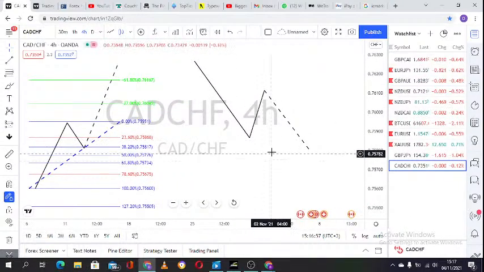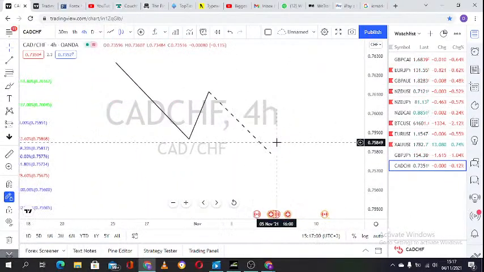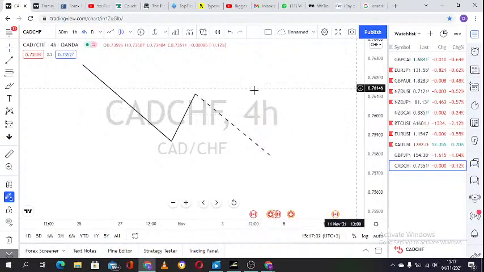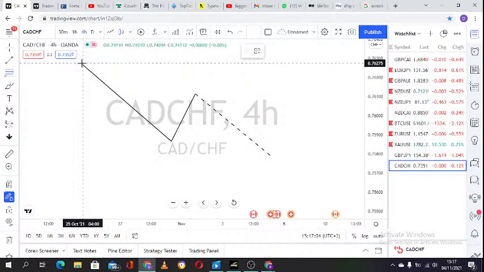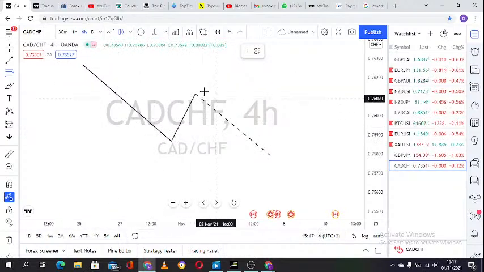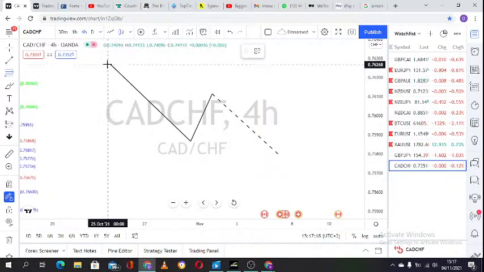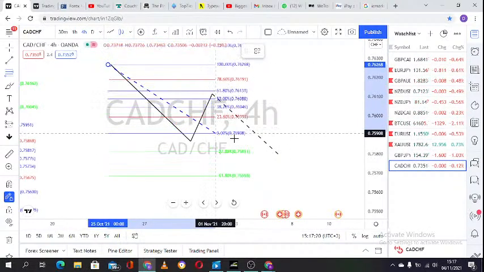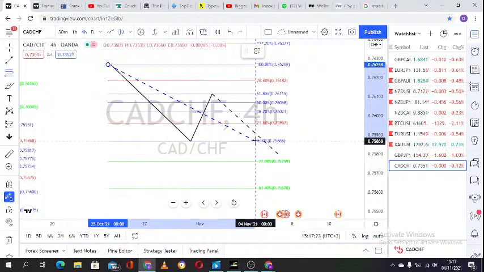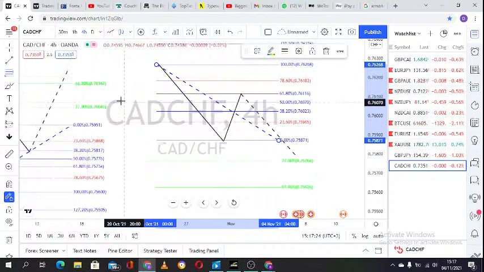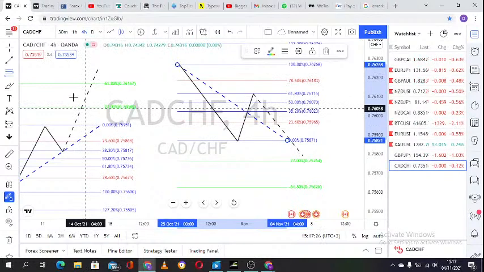If it's this other example, this is CAD CHF, very easy. A simple push, exhaustion, expecting continuation towards the downside. Once we pick our Fibonacci, this time we're not plotting it like we plotted it back here.